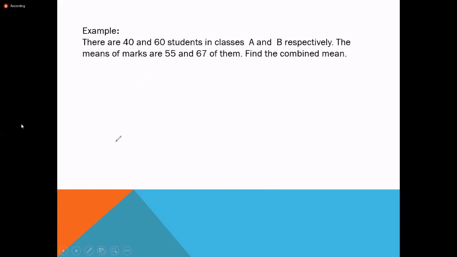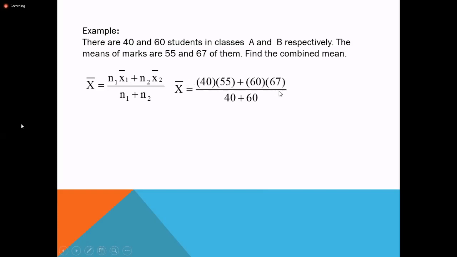We can use a formula like this also. We have only two groups, one mean is given, and the other mean is also given. n1 is the first group, class A, 40 students, and their mean value is 55. The second group has 60 students, who have a mean of 67.